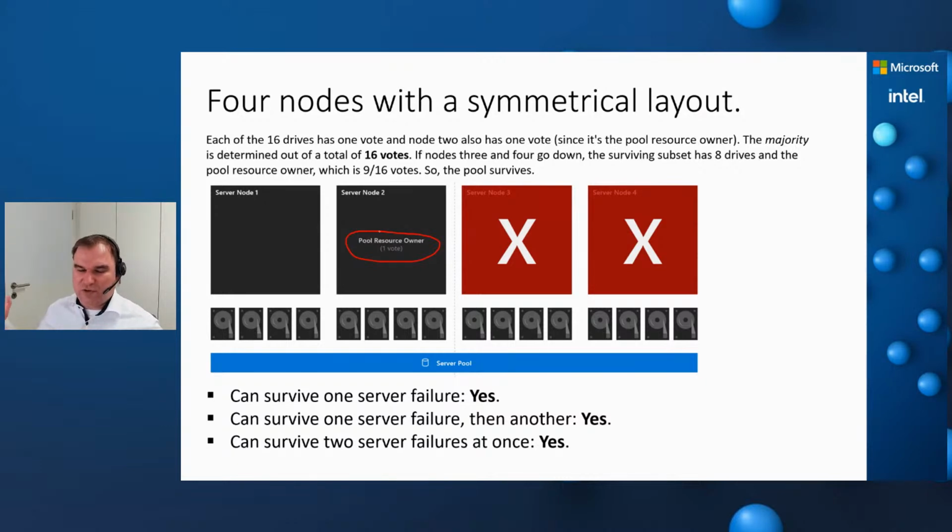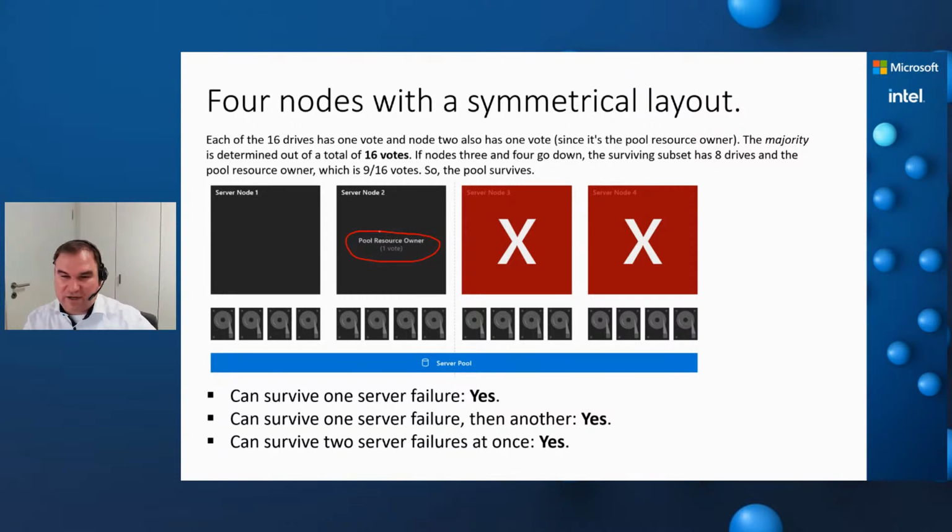Each additional node provides additional performance. So the pool resource owner is not our single node where we can read and write. We have a fully active configuration for Storage Spaces Direct. But the pool resource owner is the node with an additional vote regarding the disk majority.